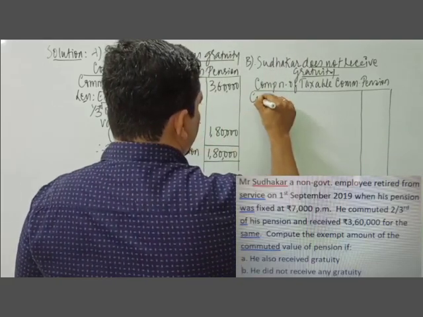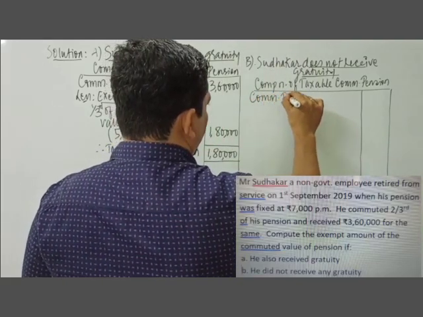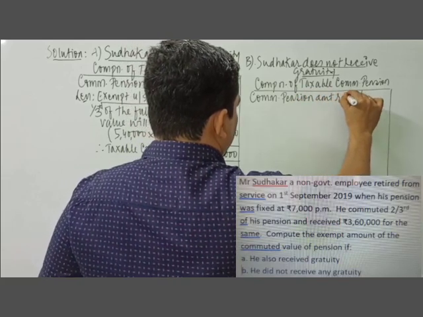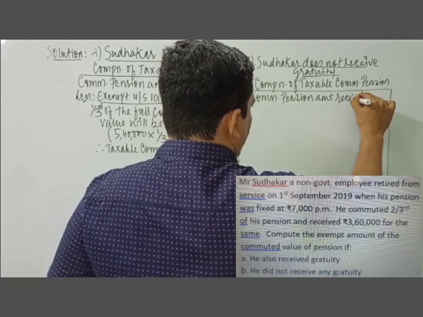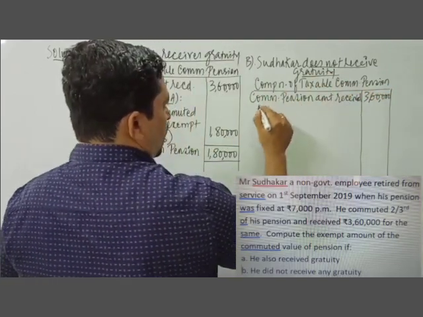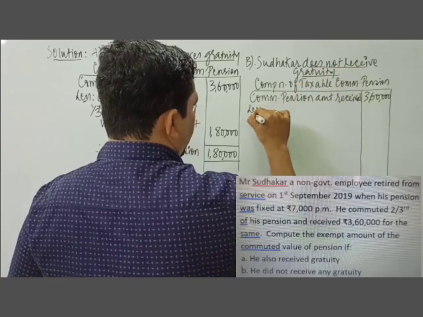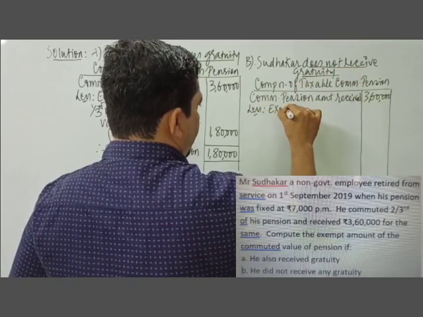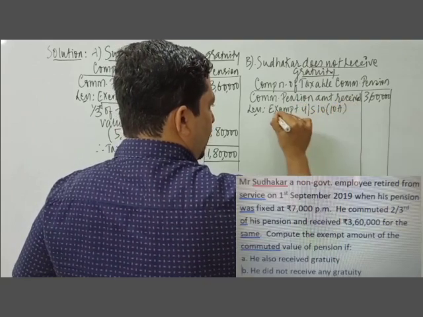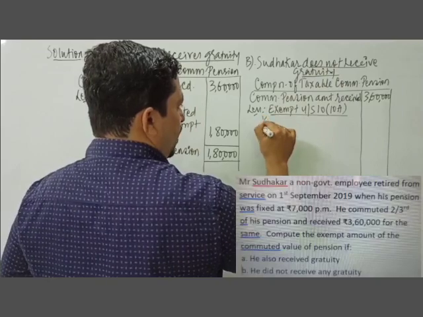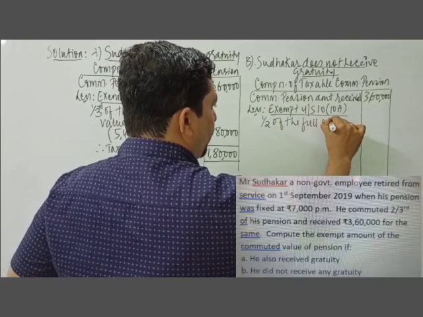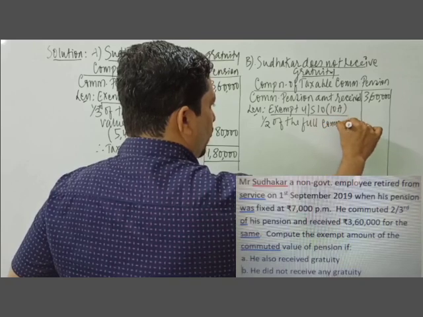I record commuted pension amount received, which is same as 3,60,000. Here it's given he does not receive gratuity. We have less exempt under section 10, subsection 10A. Since he does not receive gratuity, half of the full commuted value will be exempt.